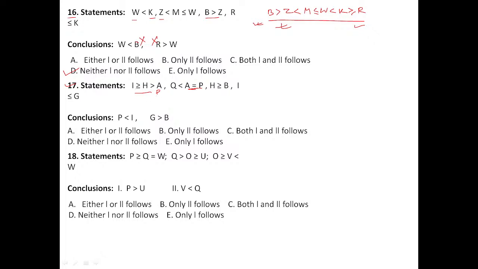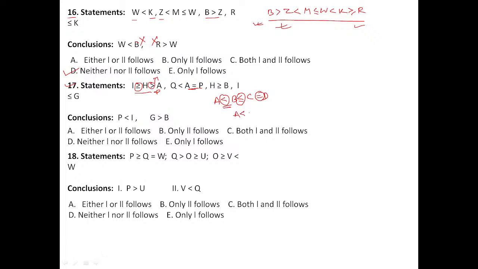And one more important thing, whenever the greater than symbol comes, the greater than or equal to symbol comes, the equal symbol comes, you should remember that the greater than symbol always prevails. Similarly, in the less than case, A less than B, less than or equal to C, equal to D. In this case also the less than symbol prevails.